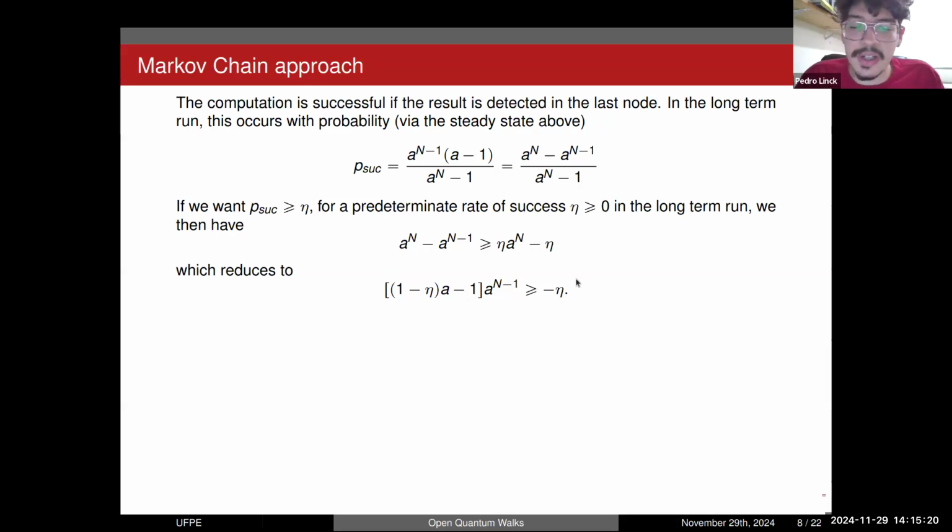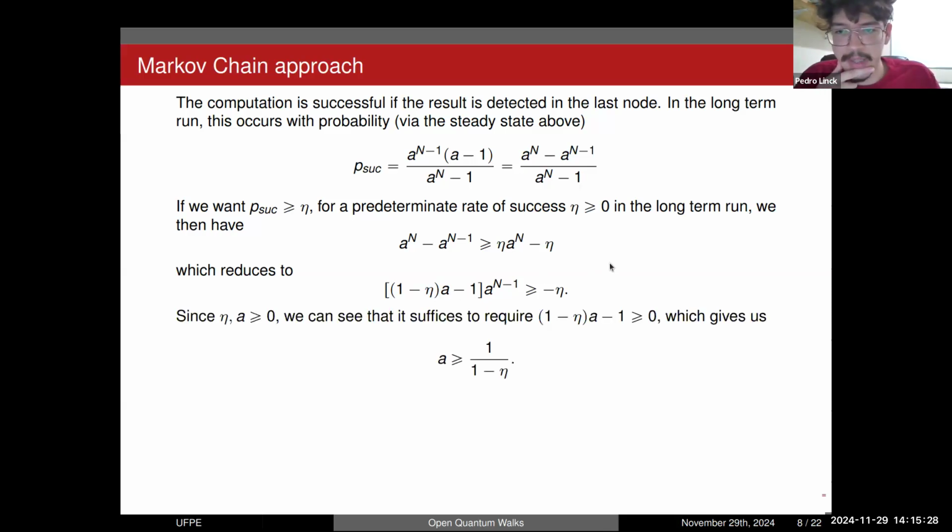And it suffices to ask that this term here is greater than 0. Because then on the left side you have a term that's greater than 0, and on the right side you have something a little negative. So it's not a necessary condition, but it's sufficient to require this.